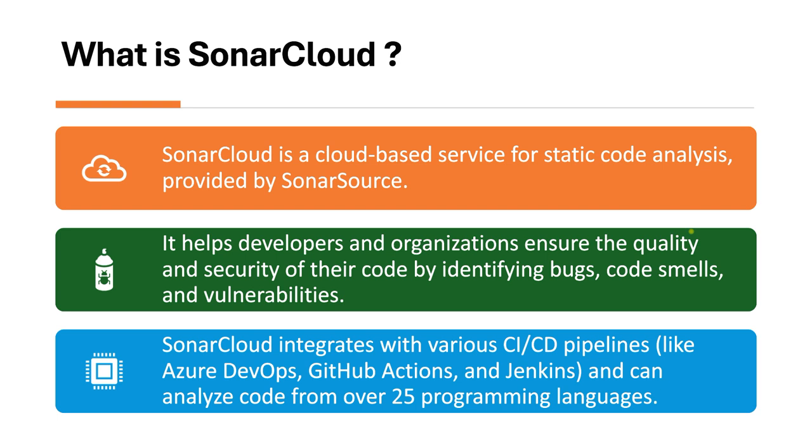So what it does basically, whenever any developer writes code and the CI pipeline picks up that code, it will identify whether there are any bugs, code smells, or vulnerabilities in your source code or application code which you are developing.